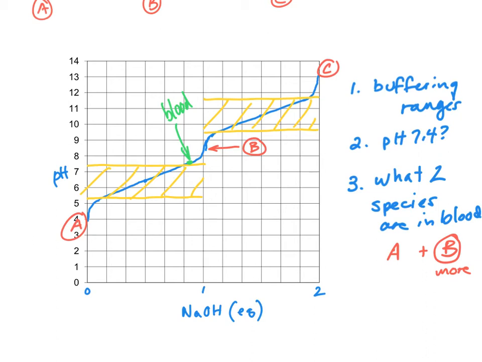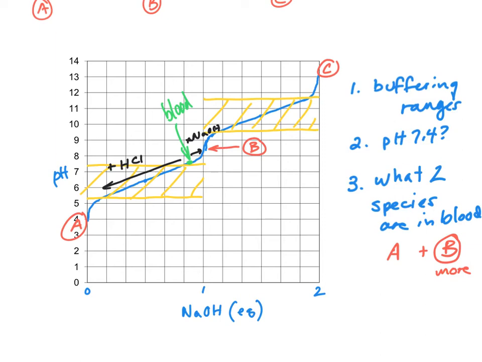Here's an interesting question. Would this be a better buffer for acids or bases? Well, let's consider that a little bit. If I was sitting at blood and I added acid, the pH would be flatter for longer than if I added base. That's interesting. This is not an ideal buffer. The blood pH is not right in the middle.